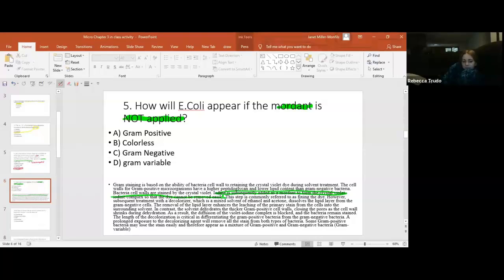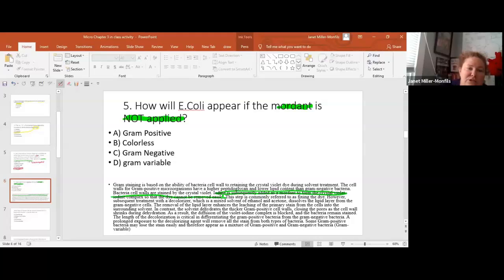Is it D? Close, but it's actually going to appear as gram negative, because you're still staining the first part of it, but not the second part, right? So you're going to get some color, but not the fixative. So it'll appear as if it was gram negative then.